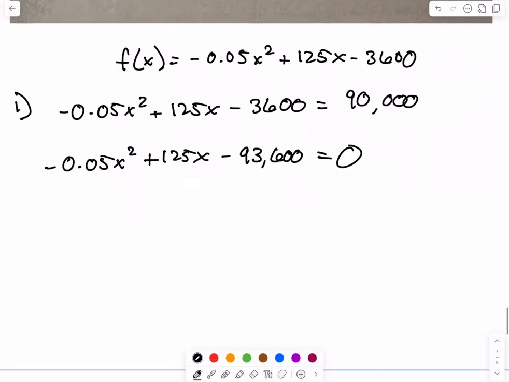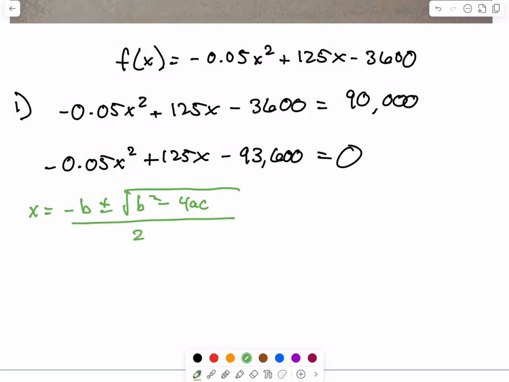Okay. Again, something like this, it looks like we should use the quadratic formula to solve. Negative b plus or minus the square root of b squared minus 4ac all over 2a.